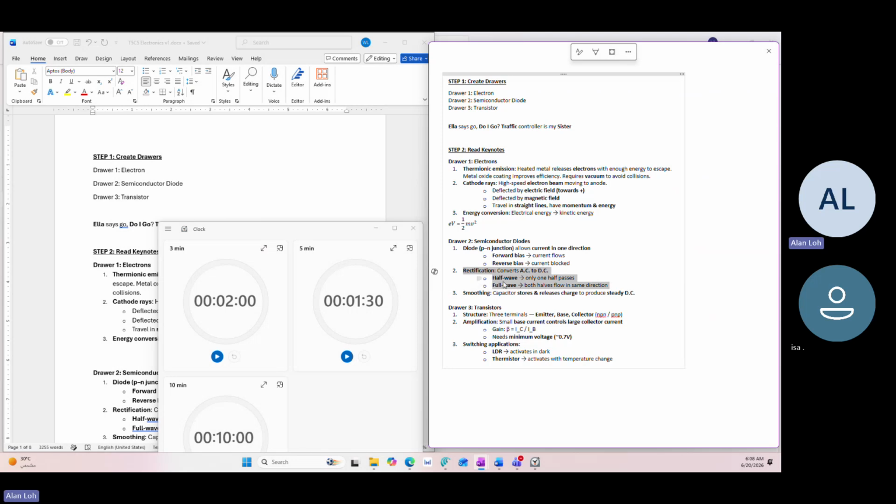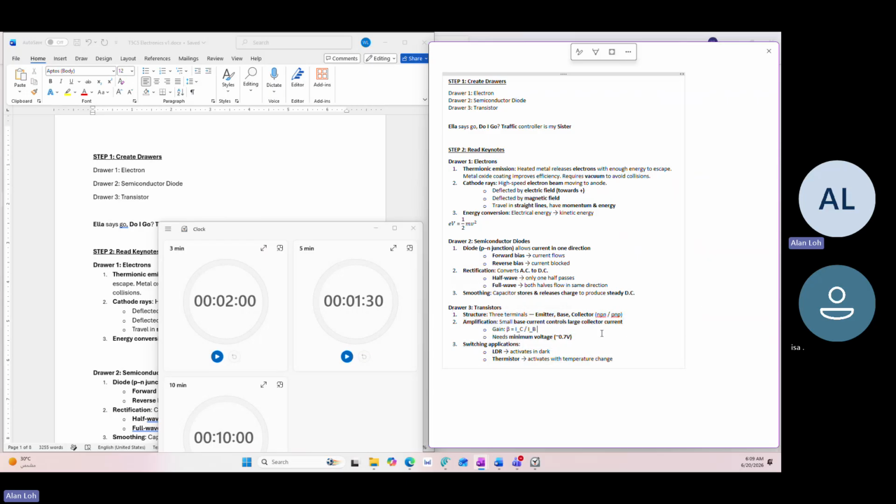Then you have half wave or full wave. There are different setups in the diodes that are needed to get a full wave or a half wave current, right? Then there's the capacitor. The capacitor is to smooth the conversion out, right?